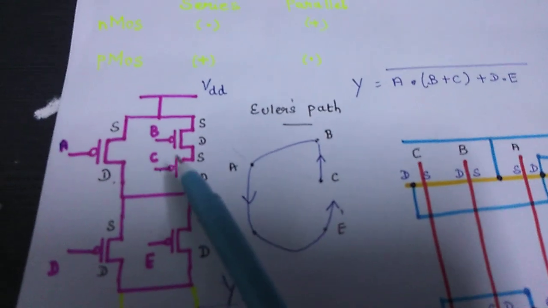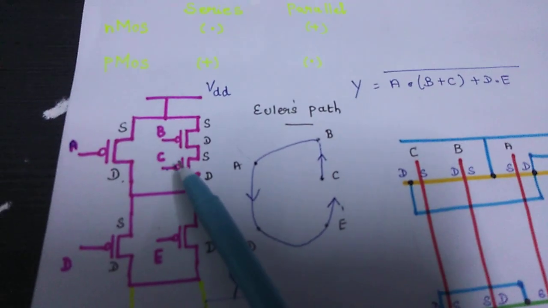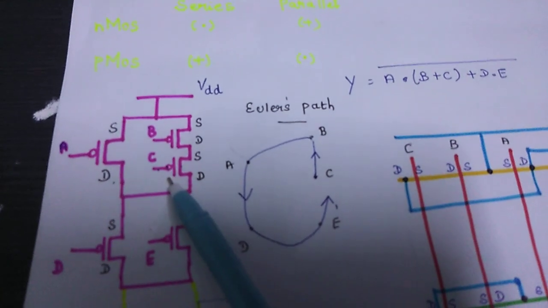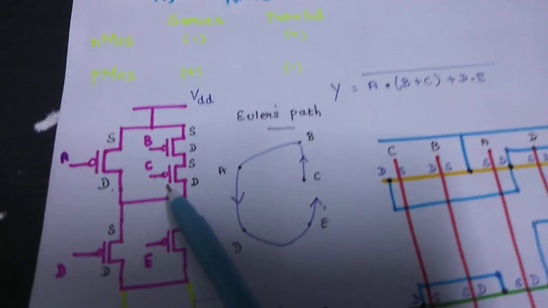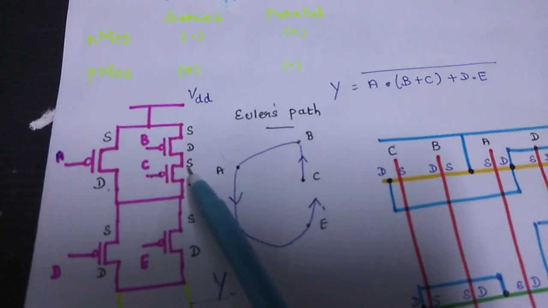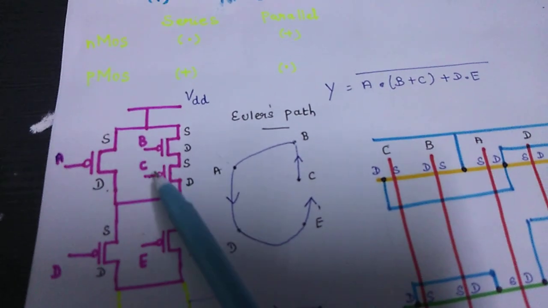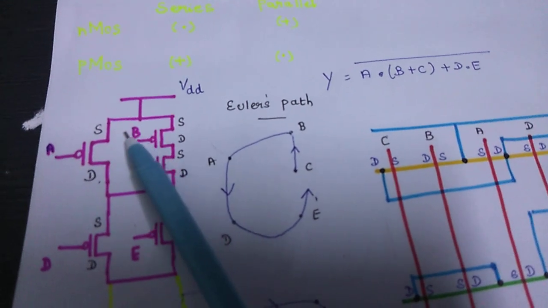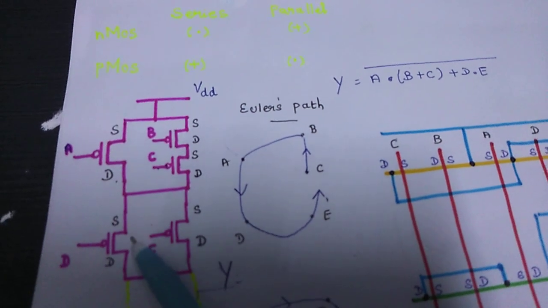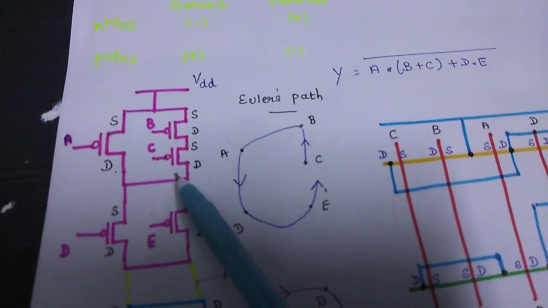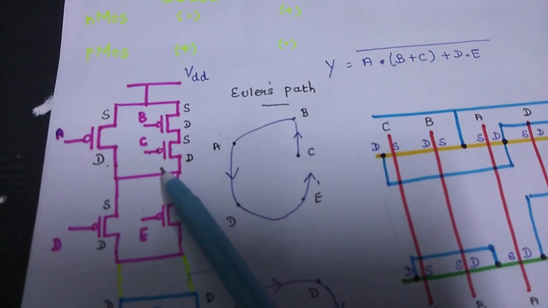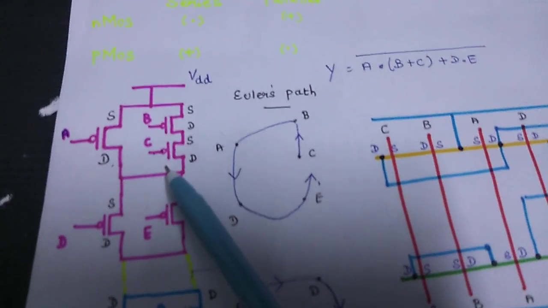For example, if you take this PMOS transistor, if I start from transistor C, I move from drain to source of C, then to B, then A, and then D, E, and I come back to C. The path is not at all interrupted.